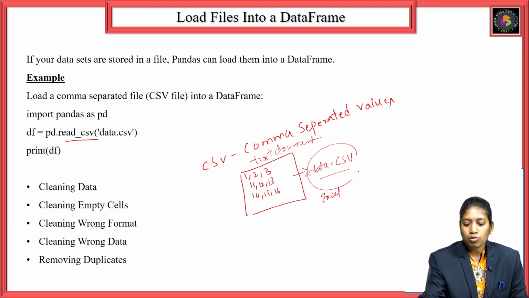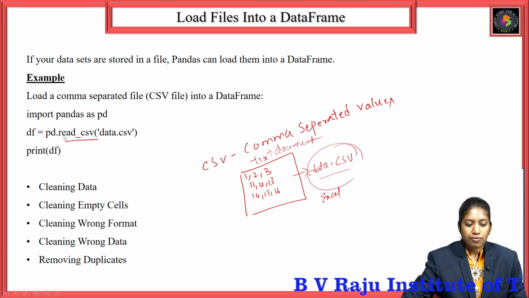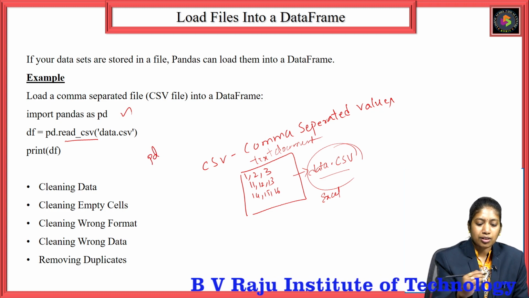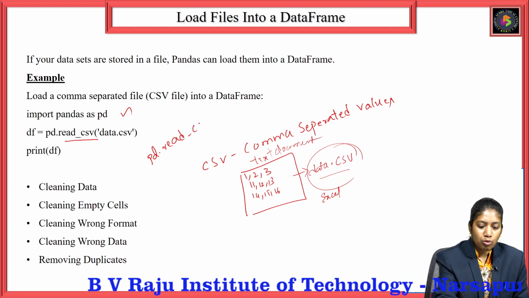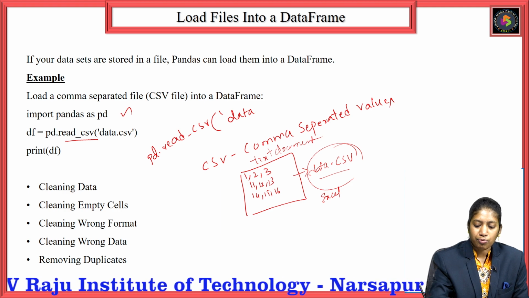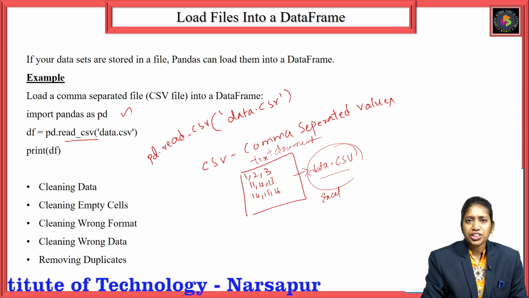How to load these .csv files into a program? So how to load them into Pandas to make a data frame is with the help of read underscore CSV. First we need to import the Pandas library. Then we use the Pandas alias name pd dot read underscore CSV and pass the name of the file with the dot extension.